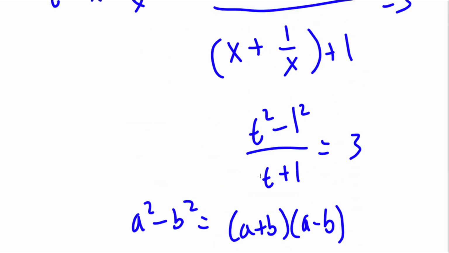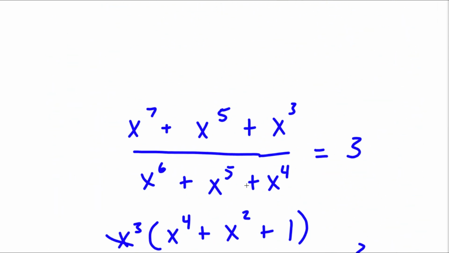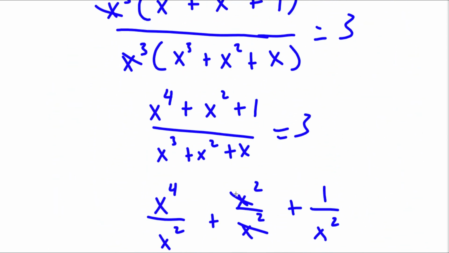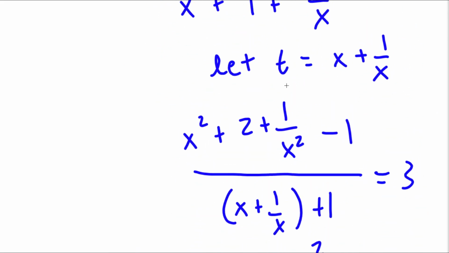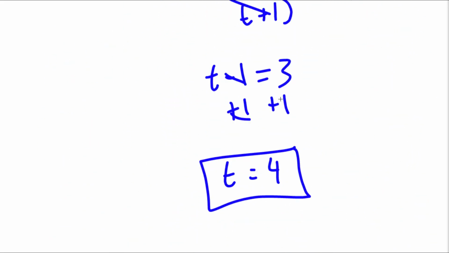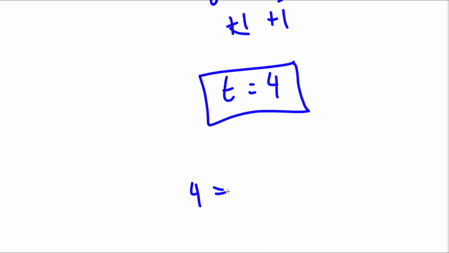Now, however, we are not solving for t, we are solving for x. And remember how we said t is equal to x plus 1 over x. So if t equals 4, then I have 4 is equal to x plus 1 over x.